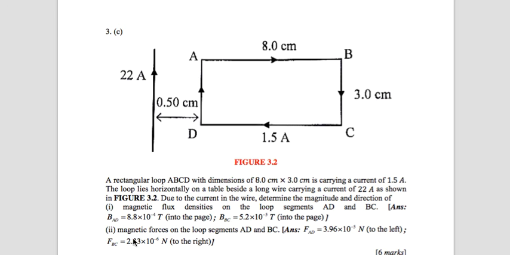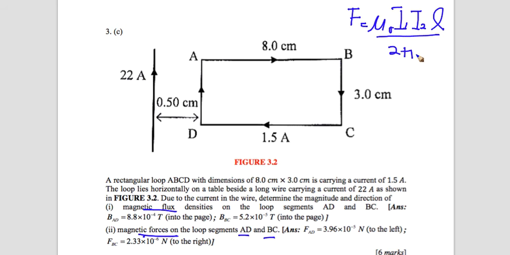And the next question is: what is the magnetic force on the loop segments AD and BC? The first question asked you to calculate the magnetic field at AD and BC. Now, for the force, start from the force equation. The force on the loop is given by mu naught I1 I2 times the length of the wire divided by 2 pi r.